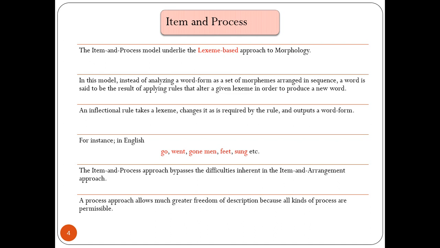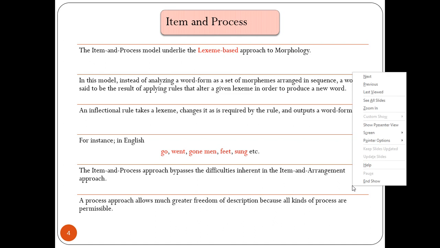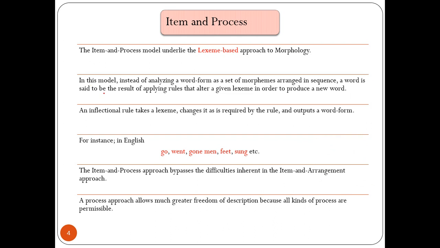In this model, instead of analyzing a word form as a set of morphemes arranged in sequence, a word is said to be the result of applying rules that alter a given lexeme in order to produce a new word. This is really important.